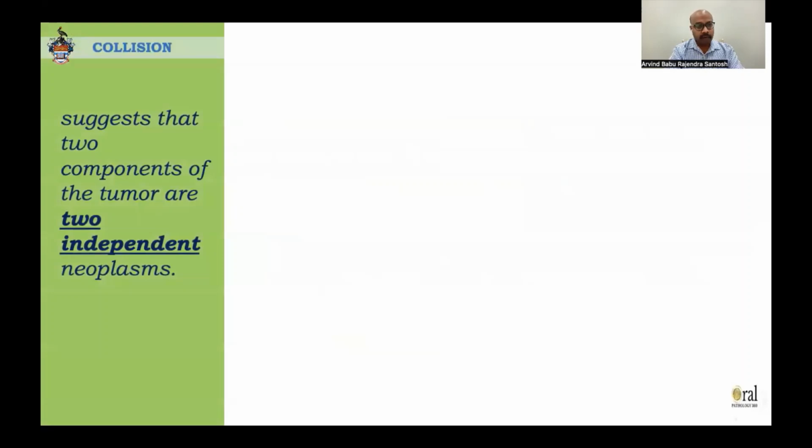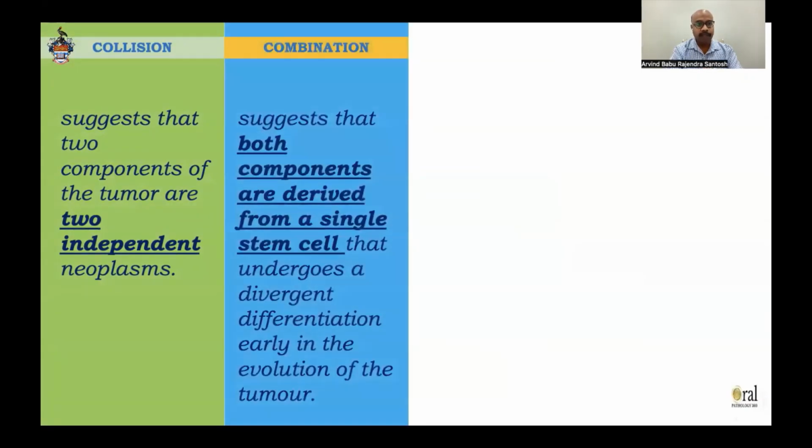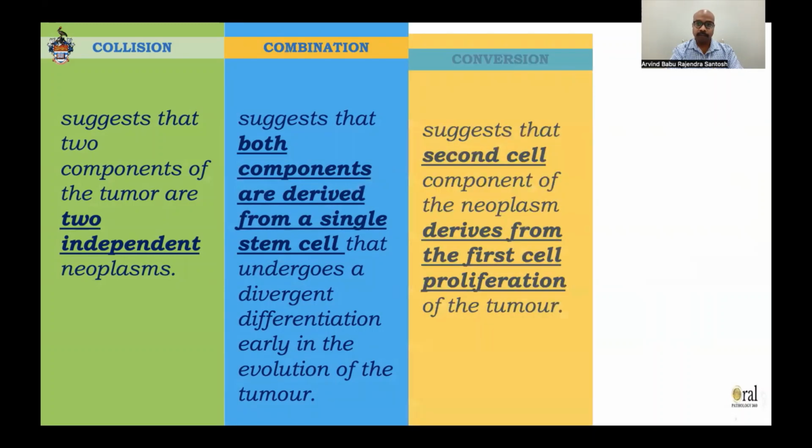First, the collision theory suggests that the two components of the tumor are two independent neoplasms. The combination theory suggests that both components are derived from one single stem cell that undergoes a different or divergent differentiation early in the evolution of the tumor.